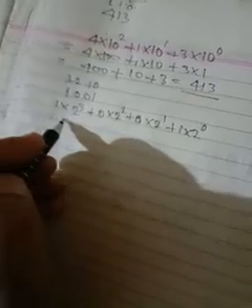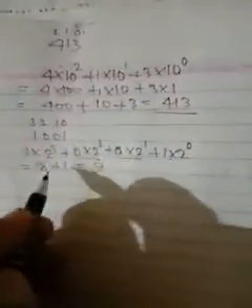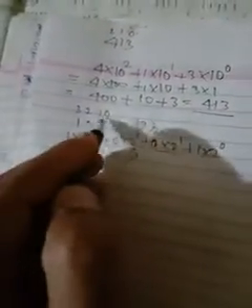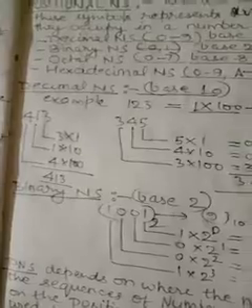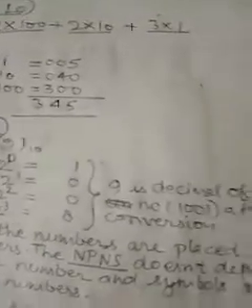Let's count: 1 into 2 to the power 3 means 8, then 0, then 0, and 2 to the power 0 means 1 into 1, which is 1, so it represents 9. That is the decimal number of 1001, which is base 2. This is the simple conversion of a binary number into a decimal number.